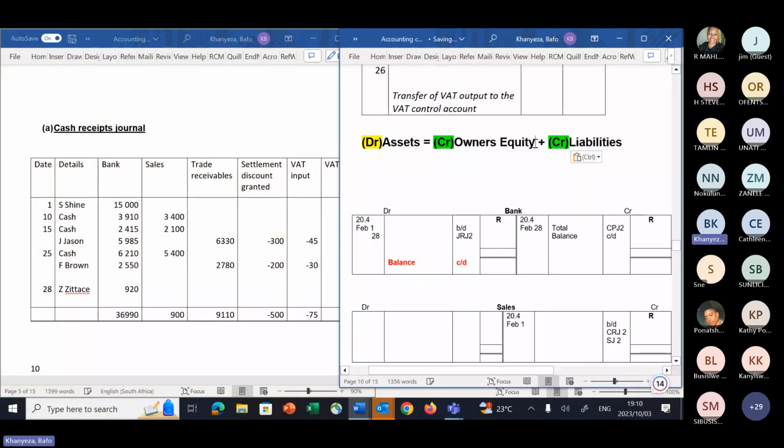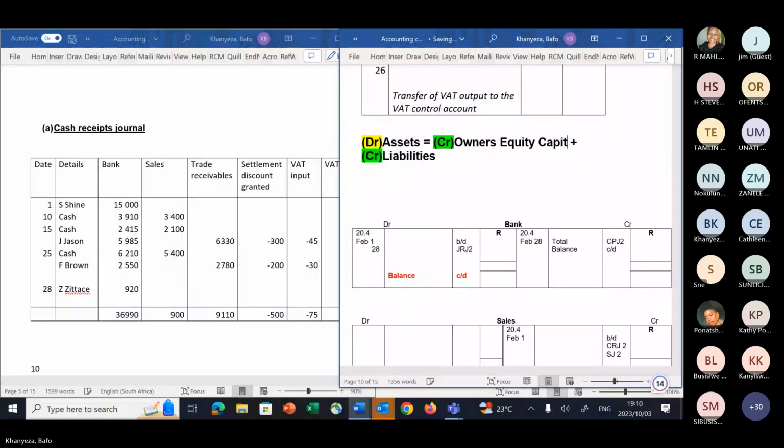Owner's equity is made up of capital and income, less expenses. I'm just reminding you here. And owner's equity is the owner's wealth.